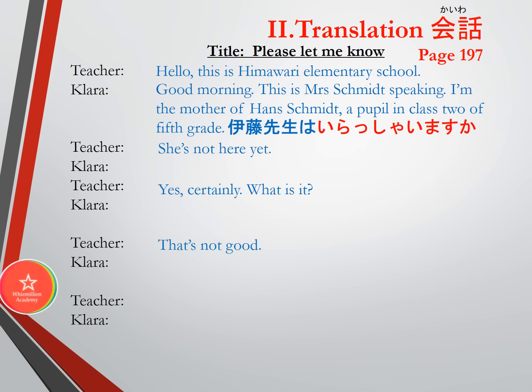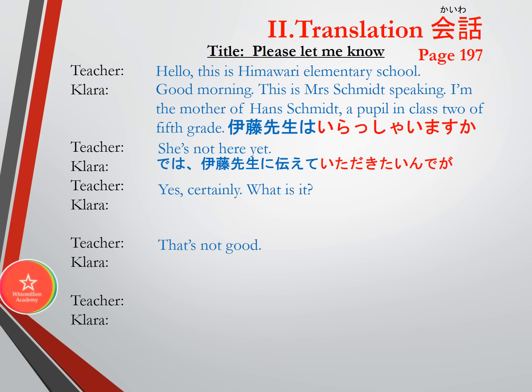The next keigo that Clara-san used is when she is asking the teacher to pass a message to Ito sensei. Dewa, Ito sensei ni tsutaete itadakitai n desu ga.